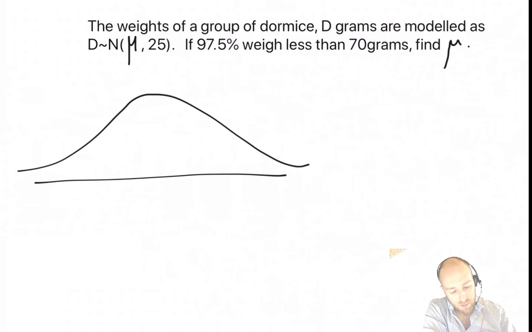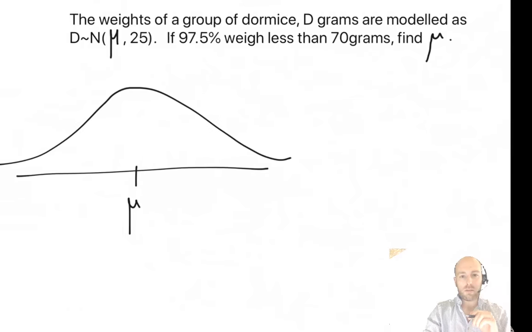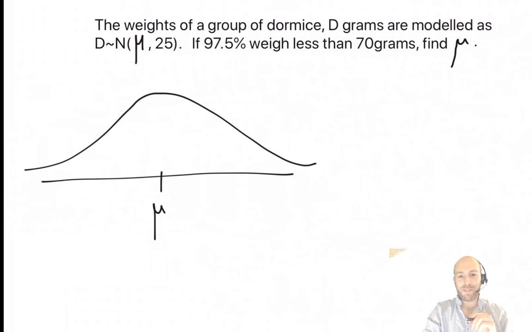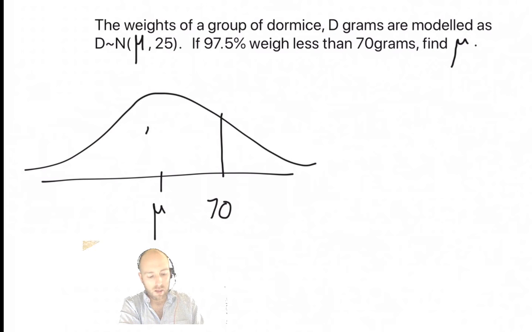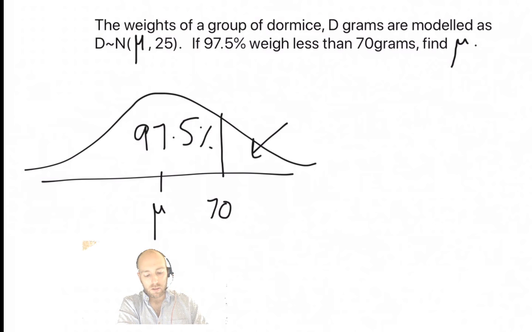The mean is there, we don't know what it is, but we do know 97.5% of these mice weigh less than 70. So that tells me 70 needs to be on this part of the graph. 70 grams. Cool. And it tells me this area here is 97.5%. It also tells me that this bit of area here is going to be 2.5%.